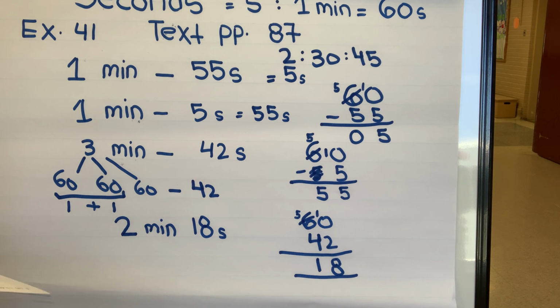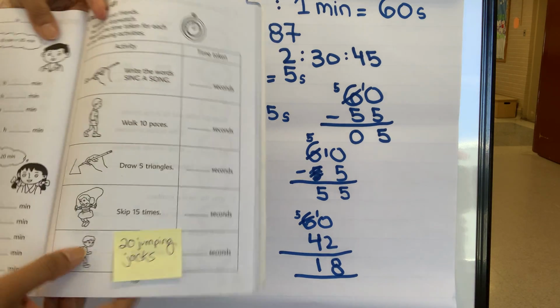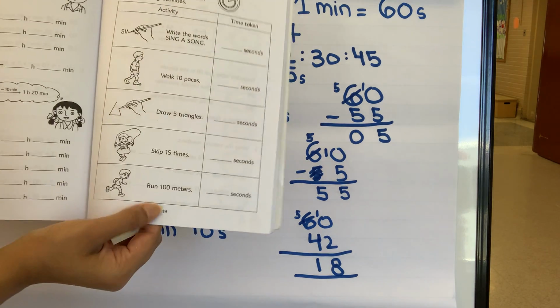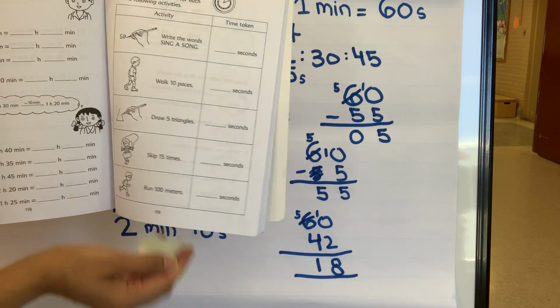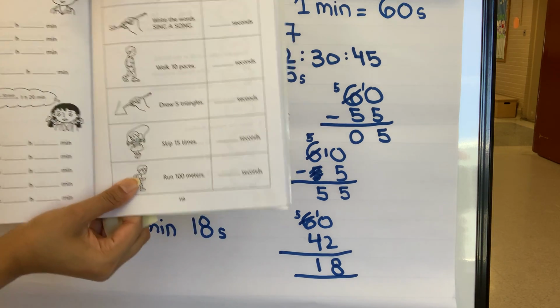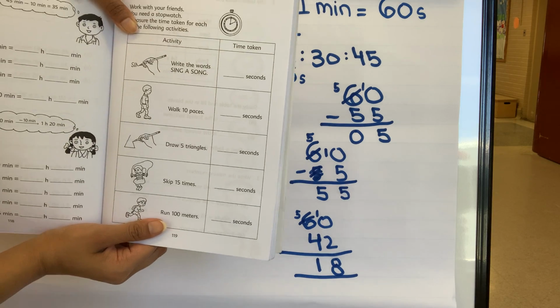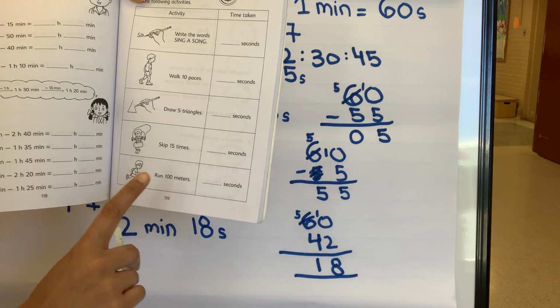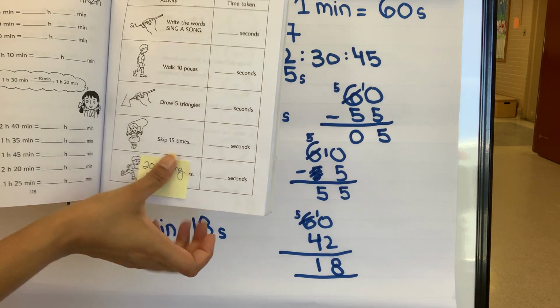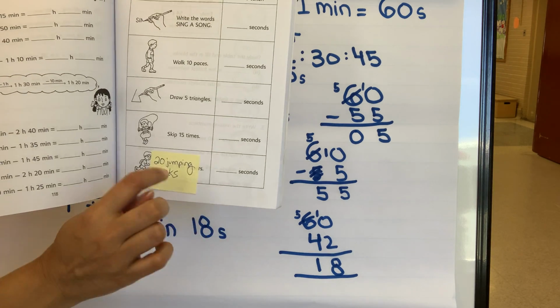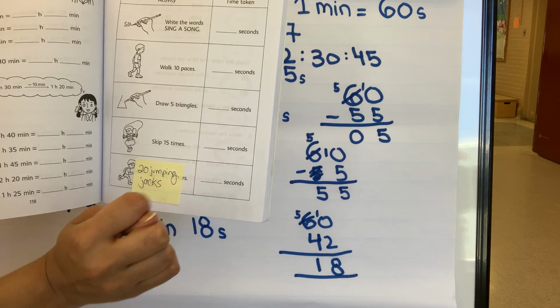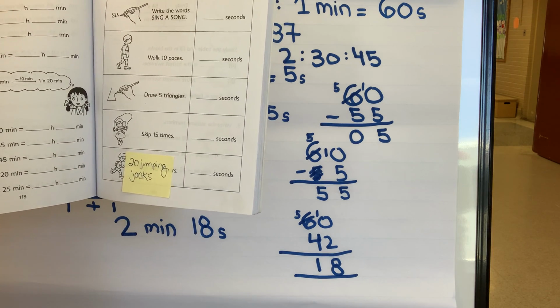In your last one, where it says run 100 meter, I'm looking at page 119, exercise 41, it might be a bit difficult for you to do that. So you can do 20 jumping jacks, okay? So do 20 jumping jacks and count how many seconds it takes you to do 20 jumping jacks, okay?